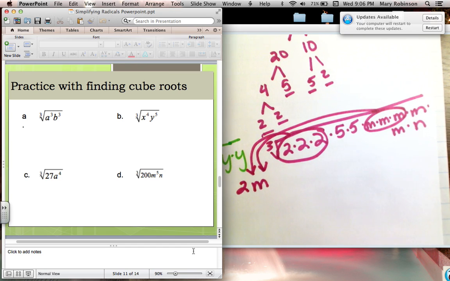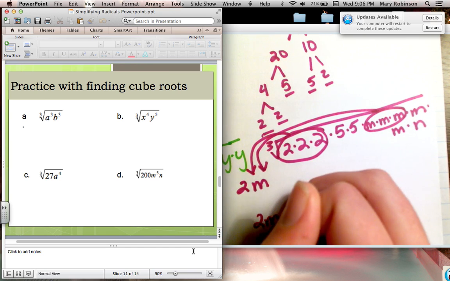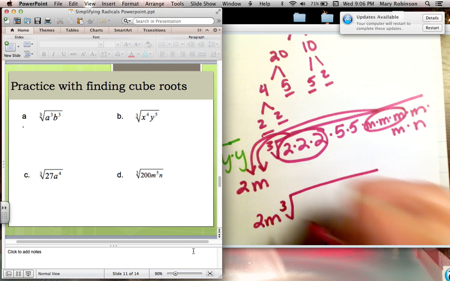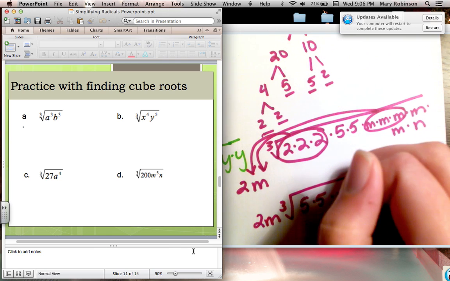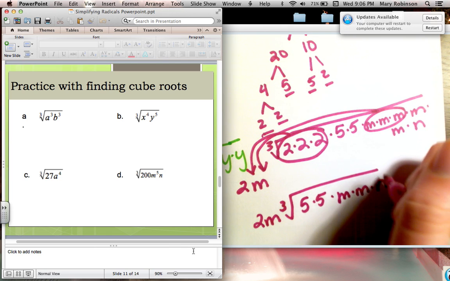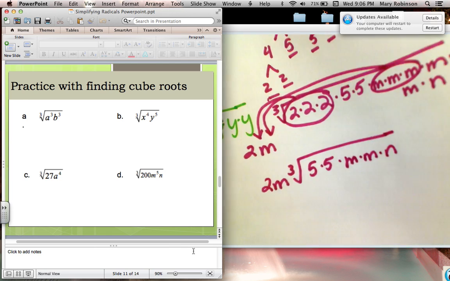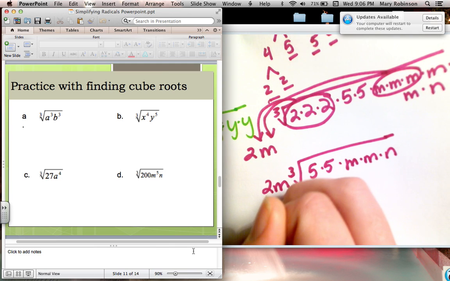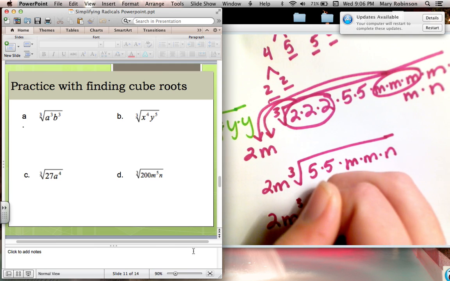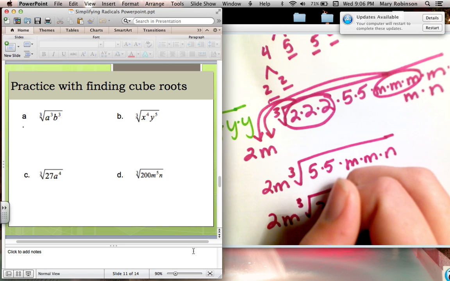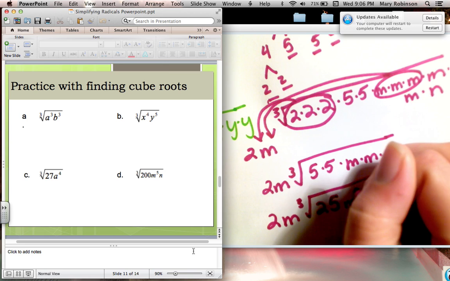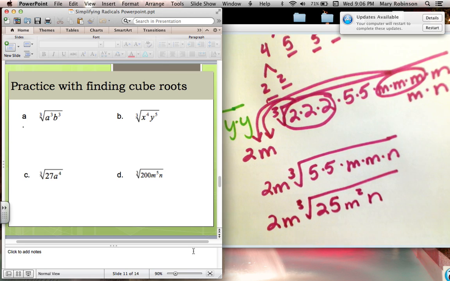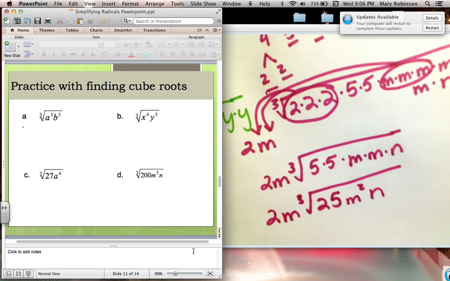So when I rewrite it, I have 2m, the cube root of 5 times 5 times m times m times n, and when I simplify that, I get 2m, the cube root of 5 times 5 is 25, m times m is m squared, and n. That's my answer.